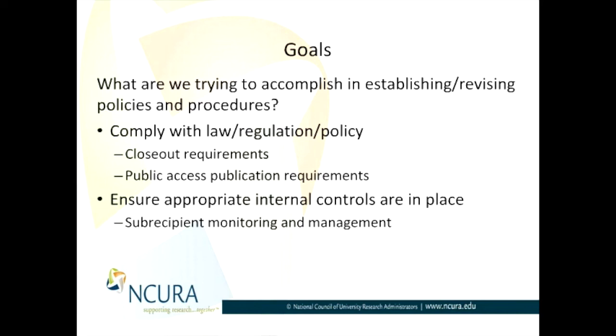And ultimately, what we're trying to do, as Jeff mentioned earlier, internal controls, we're trying to ensure that we successfully complete the objectives of that subaward project. And what we need to do is be sure that all of these different pieces are working together as a whole to be effective and to be compliant.